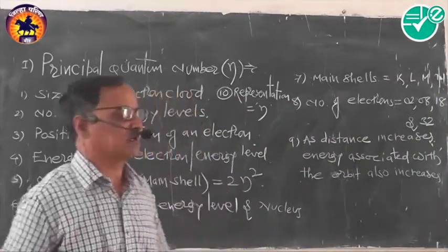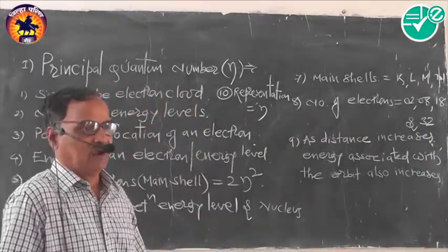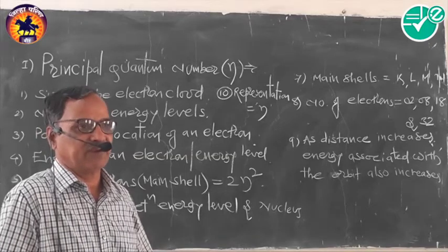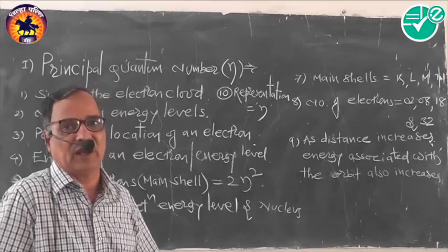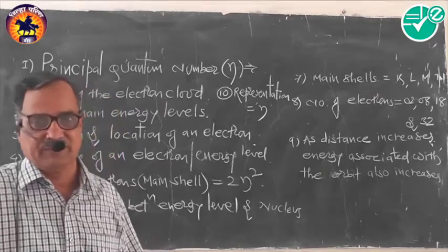So this is all about the definition of quantum numbers and the classification of quantum numbers depending upon the position of an electron.